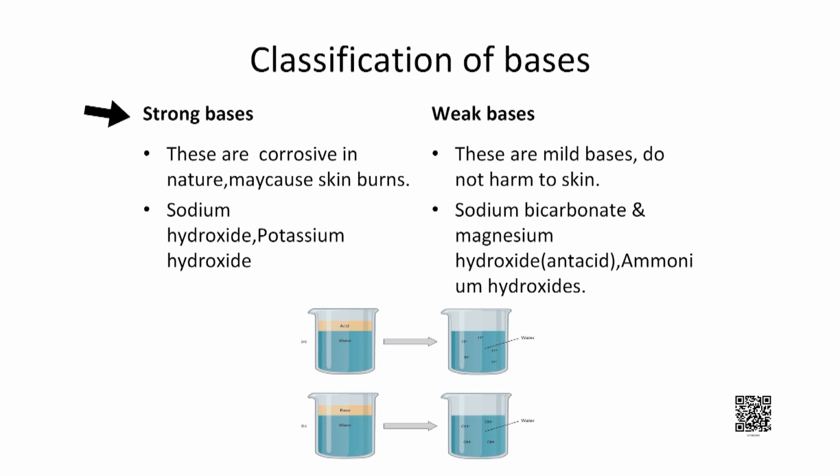They may cause skin burns, highly corrosive like sodium hydroxide. When we are taking a bath, we use Pears soap and different brands. Can't we use the same soap for every purpose? No, because strong bases are corrosive in nature. In bathing soap, the corrosiveness is mild, so we are using weaker bases over there.